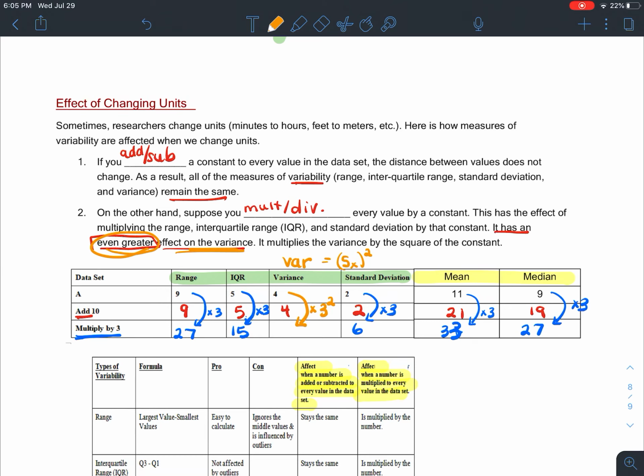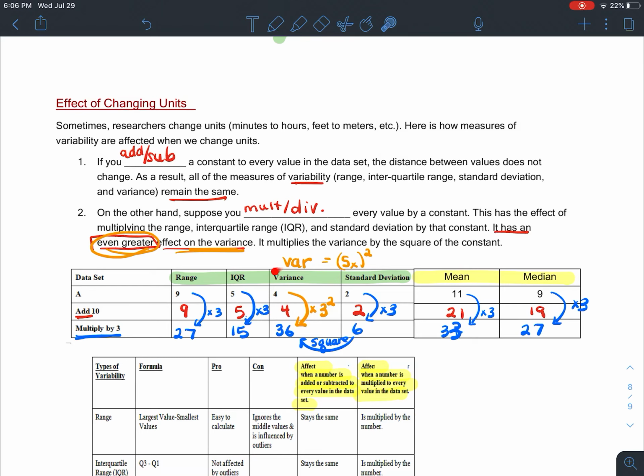Let's look at the answer and see if this makes sense. If I multiply 4 by 9, I get 36 here. Now look at what my new standard deviation was. It was 6. Look at what the new variance is. Guess what? If you square the 6, you get 36.